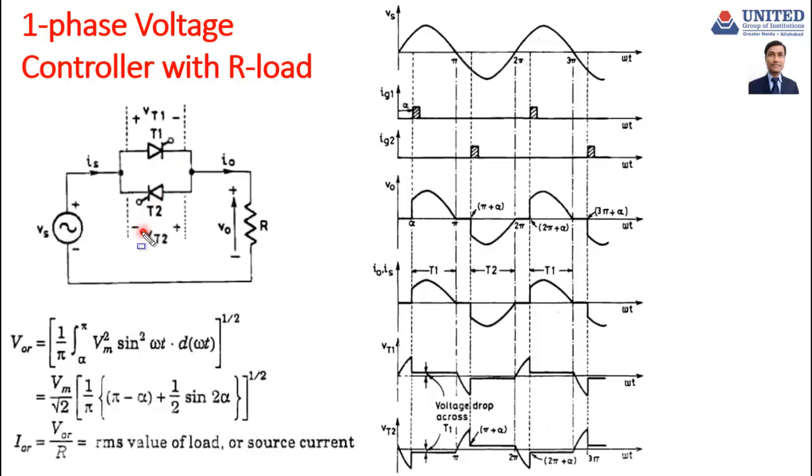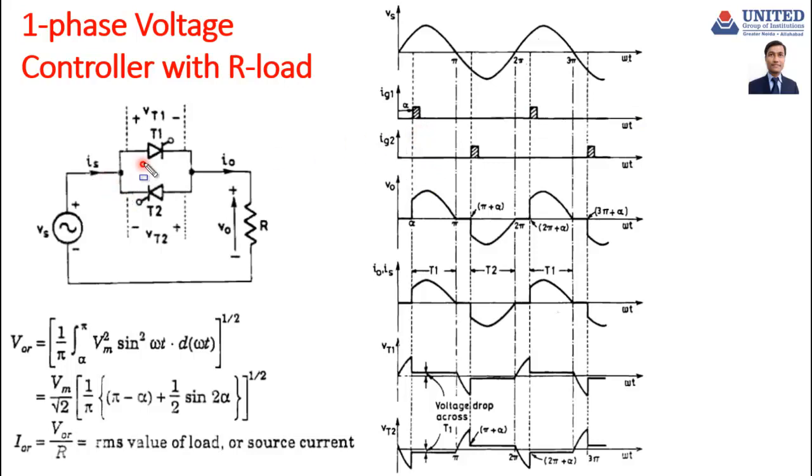In the figure we see that in the positive half cycle T1 will be forward biased and in the negative half cycle T2 will be forward biased. Therefore during the positive half cycle T1 is triggered at omega t equal to alpha, the firing angle.